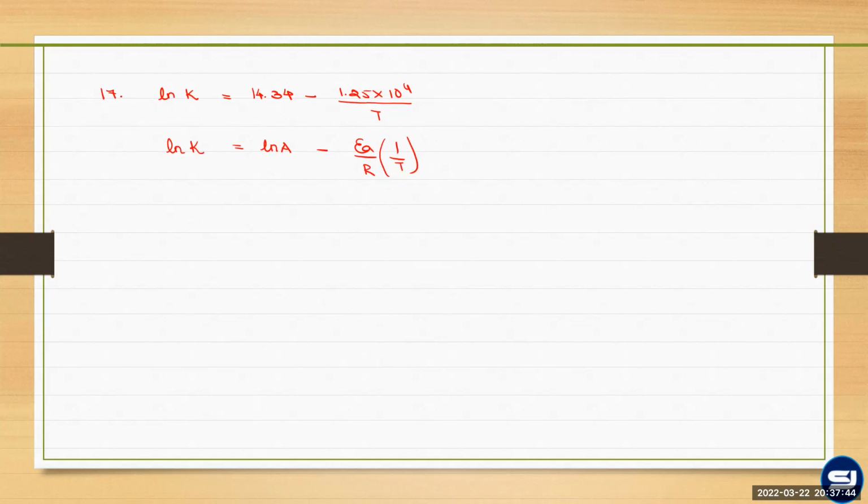The graph plotted between log of k to the base 10 versus 1 by T is a straight line with EA value 24.83 kilocalorie.